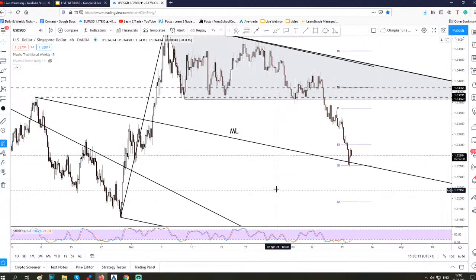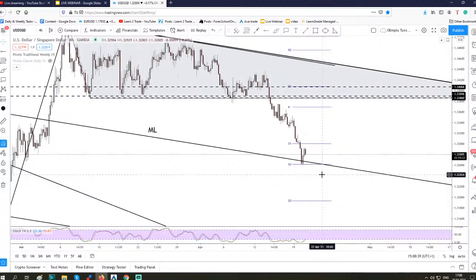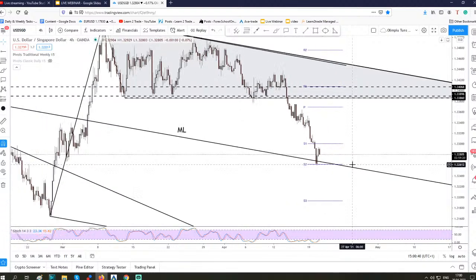because as I've told you earlier when I talked about the DXY, the US dollar index, if the US dollar index drops further, then this pair will continue to drop. So we could have a temporary rebound here, but the bias is still bearish, and personally I will look for a long entry only if the price stabilizes right above the medium line, above the S2.